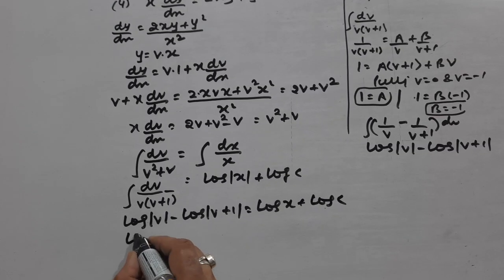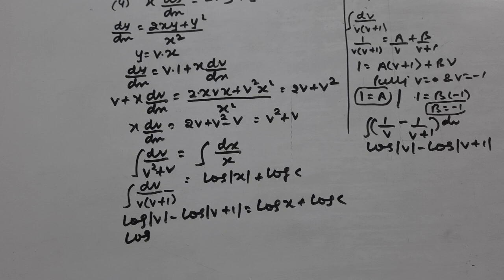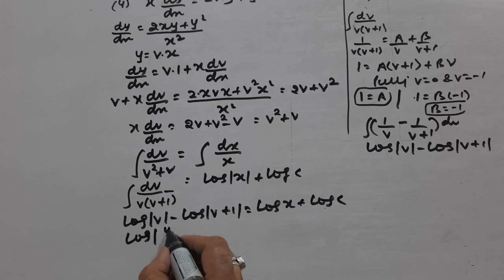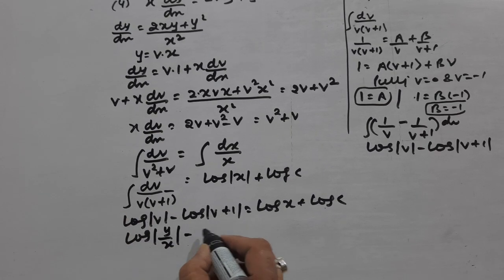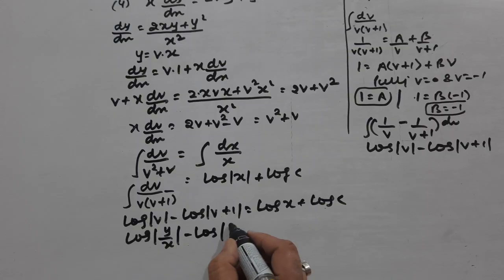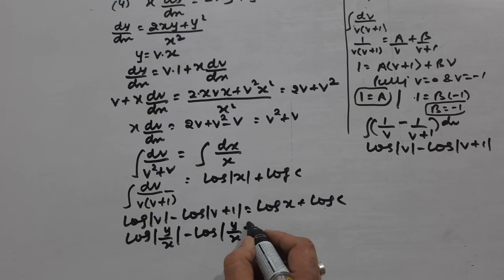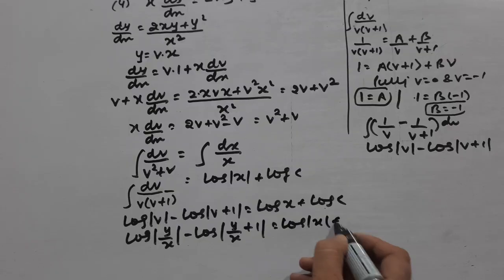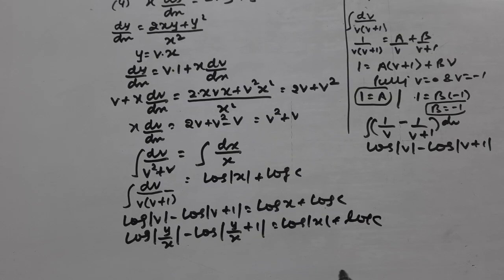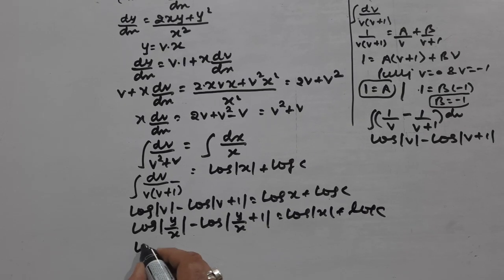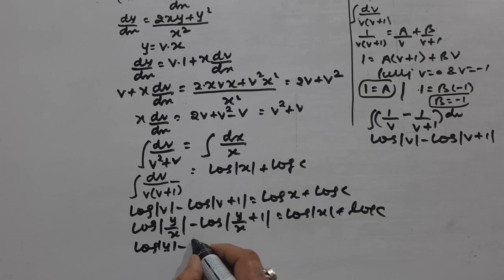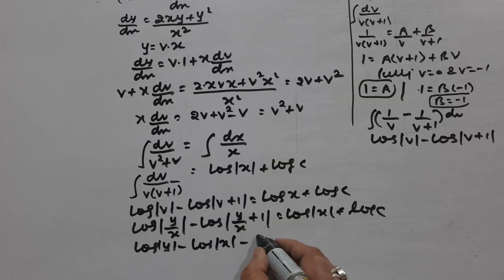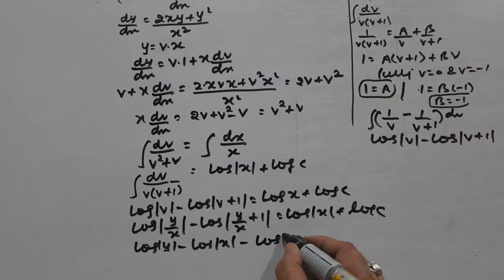Now putting the value of v as y upon x, and y upon x plus 1 here also, equal to log x plus log c. This can be written as log y minus log x, minus log of x plus y.